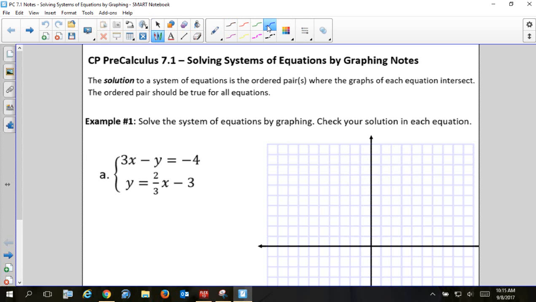So 3x minus y equals -4. I'm going to do x and y intercepts. My x-intercept, plug in 0 for y. I get -4/3, 0. My y-intercept, I'm going to plug in 0 for x. And I get +4.